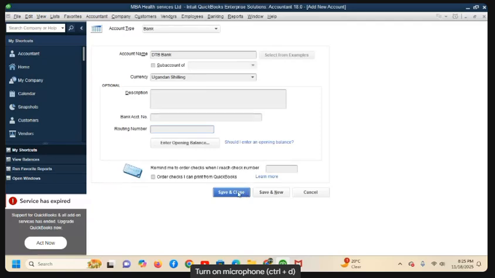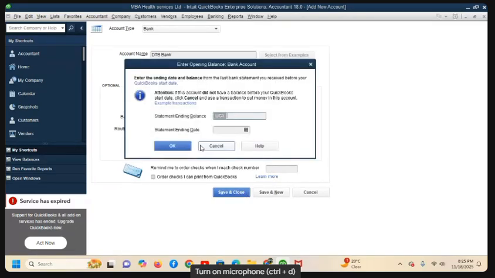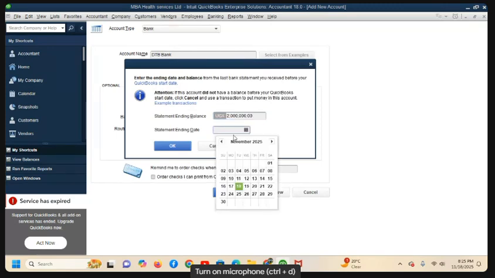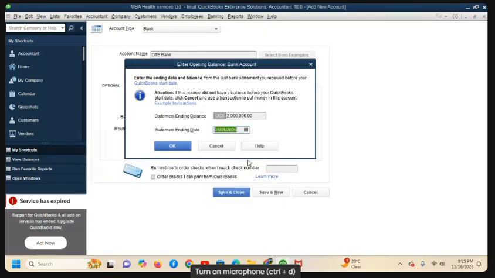If we had an opening balance, we can click here to enter the opening balance of that bank account. For example, I have 2 million as opening balance. That was there at the end of the period, as of January.